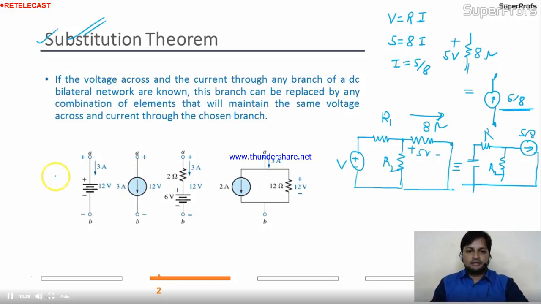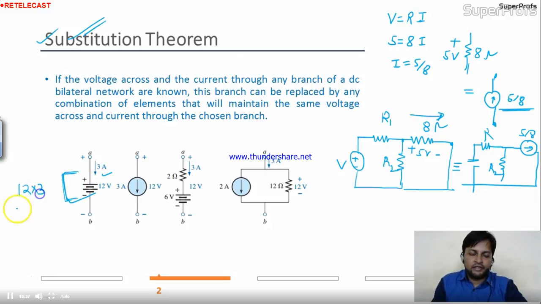See here, it's given a 12 volt independent voltage source. Incoming current is 3 ampere. So what is the power over here? 12 into 3. It means this branch is consuming, because current is incoming, 36 watt power.